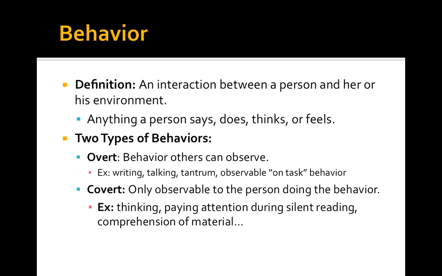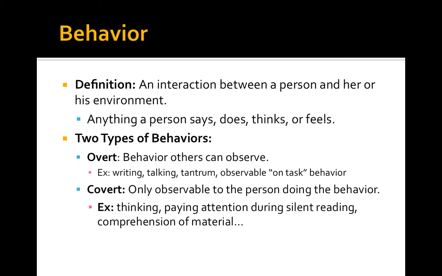So I was a high school English teacher, and I would assign my students to read for 20 minutes at the beginning of the period. It was difficult for me to monitor whether or not a student was actually thinking about the words that were in front of them. So if a student had their book open, and if they were periodically moving their eyes and turning the pages, my guess would be that they were paying attention during reading.